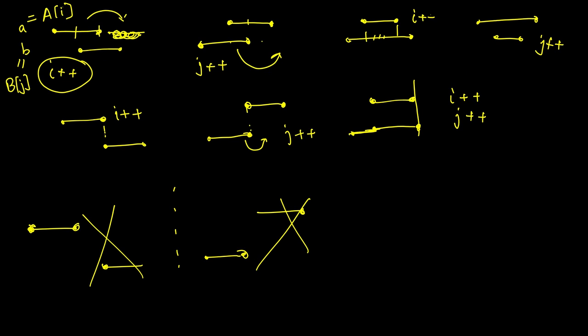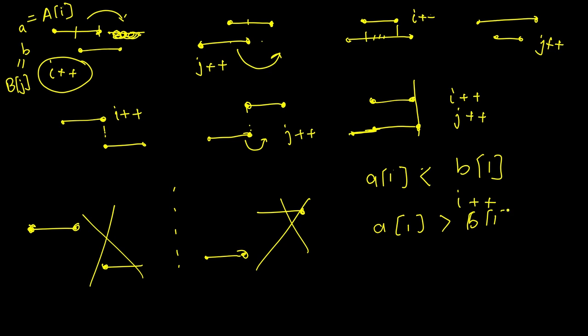So whichever end time is less, so if A1 is less than B1, that is A ends first, we increment I. If A1 is more than B1, then we increment J. Else, both are ending at the same time, then we increment both.